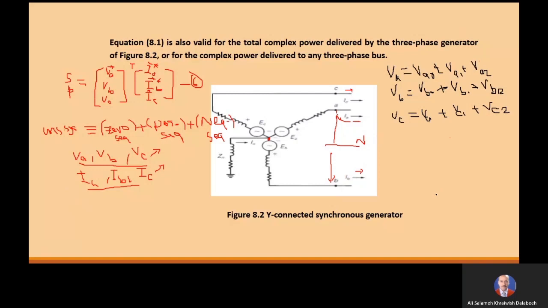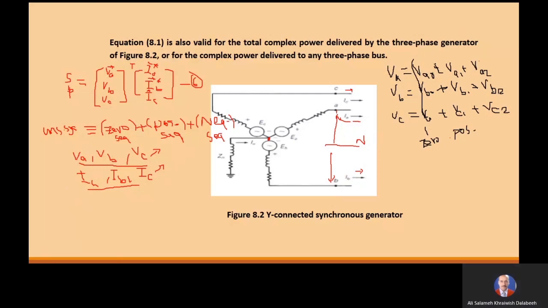Okay? We have three systems. This system is the zero sequence system. This system, VA1, VB1, VC1, is a symmetrical system. We call it the positive sequence system.